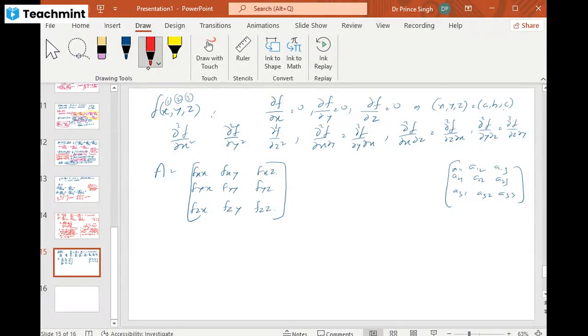Now, what is the condition of maxima and minima? If all the principal diagonal elements are of the same sign, meaning either positive or negative.